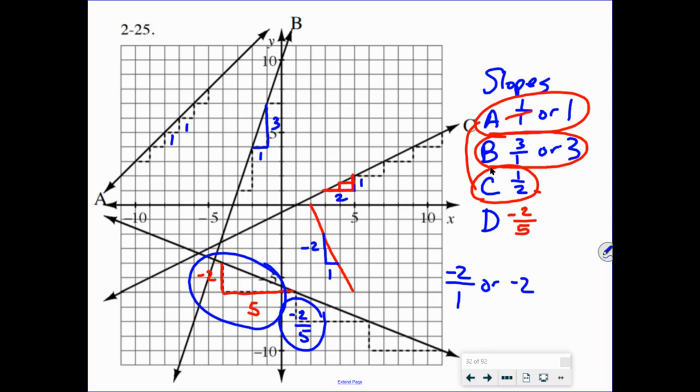Now, ladies and gentlemen, what number is bigger? -2 or -2/5? The correct answer, the bigger number is -2/5, isn't it? Because remember, with negative numbers, the bigger the absolute value, the smaller the number is, okay? So like -100 is less than -2.